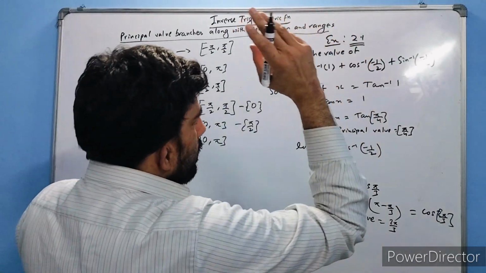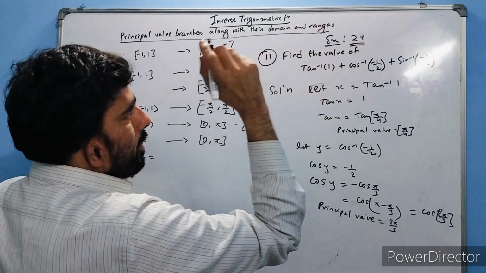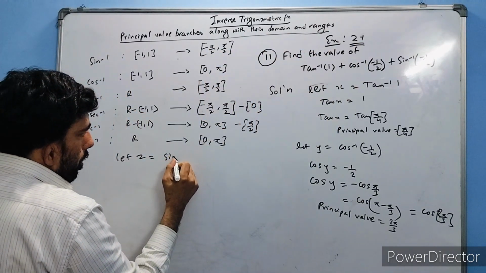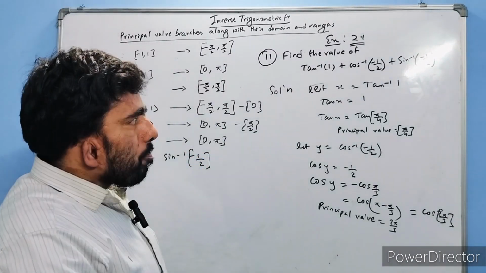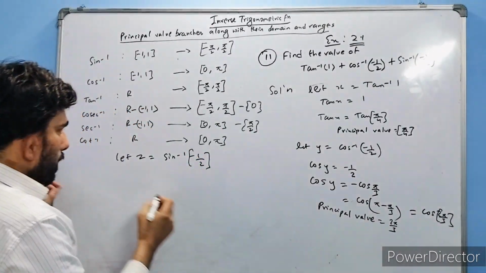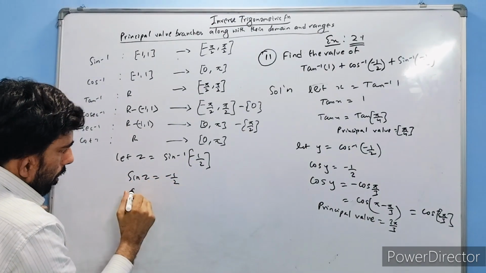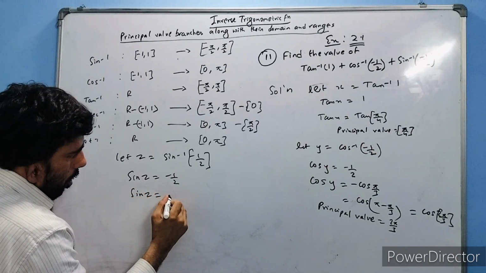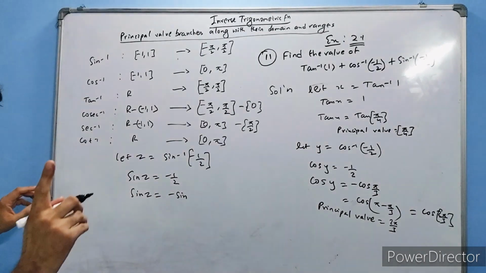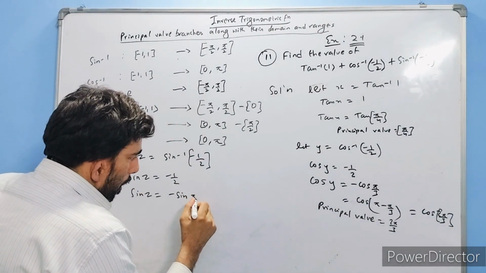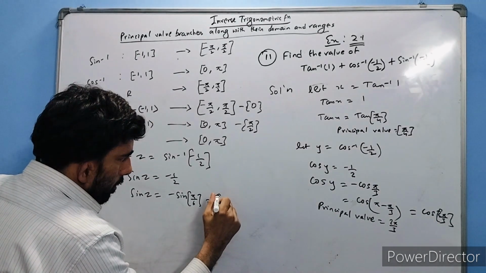Now the third part is left. Let us take z is equal to sin inverse minus half. So sin z is equal to minus half, or sin z is equal to minus sin 30, that is minus pi upon 6.